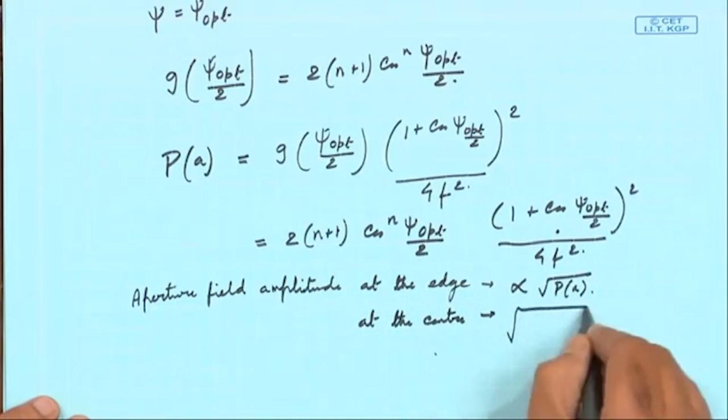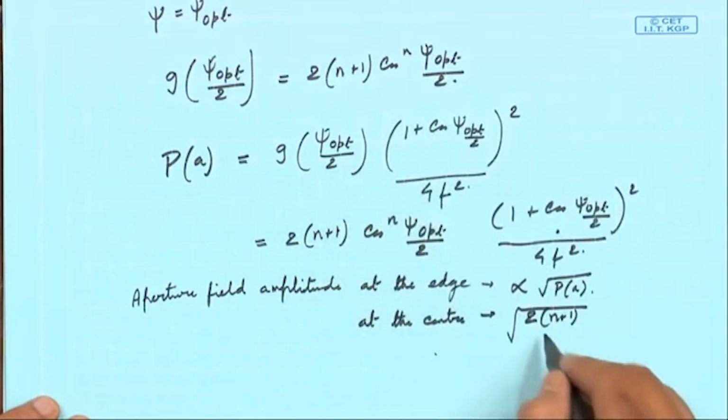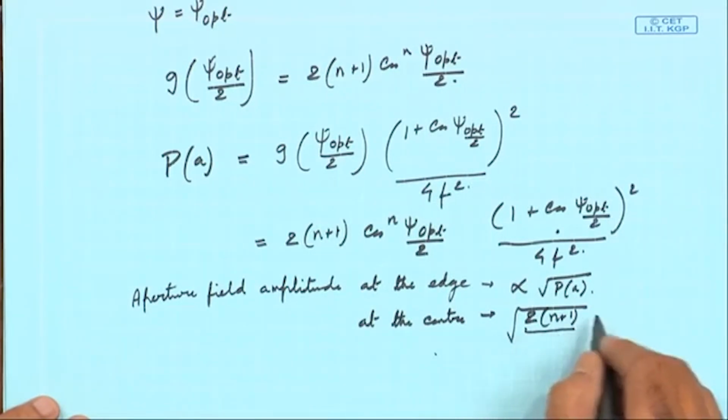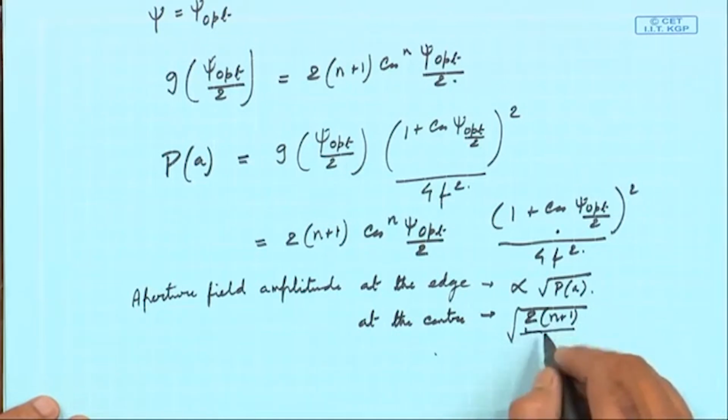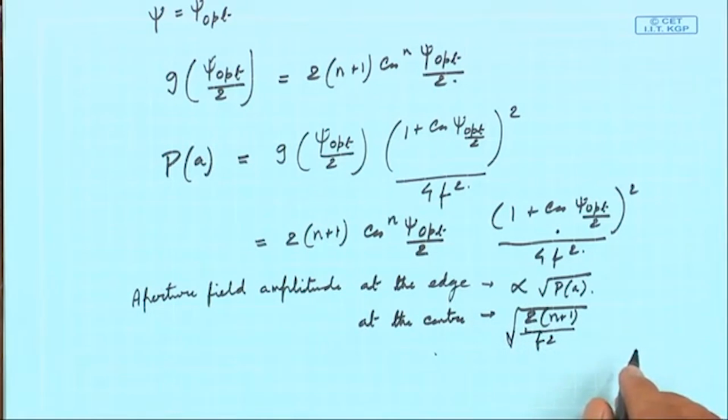So, that we know you can put the cos 0 angle. So, root over 2 n plus 1 by f square or outside f, whatever.